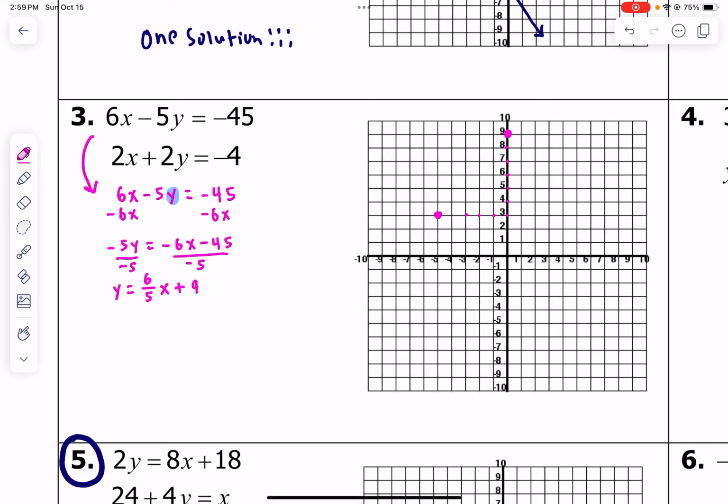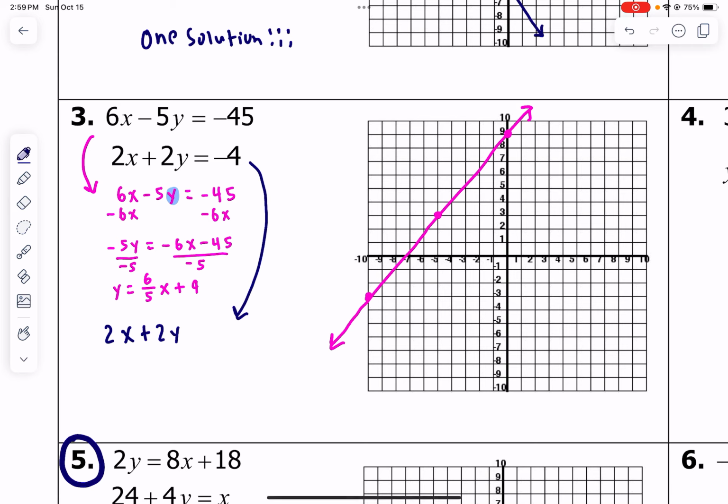So down 6 and 5 to the left. Okay. So we can connect those lines as best as we can.